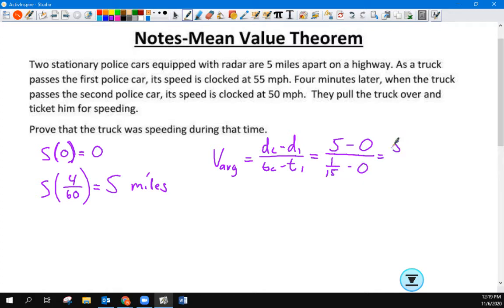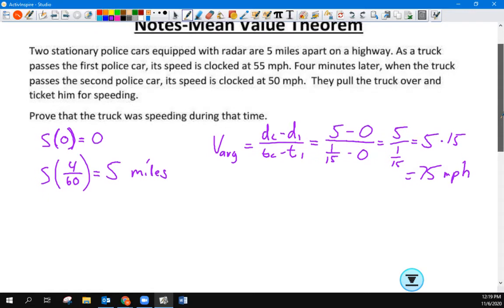That gives me 5 over 1 over 15. Taking 5, multiplying by the reciprocal, which is 15, means the average velocity of the truck between that time was 75 miles an hour.